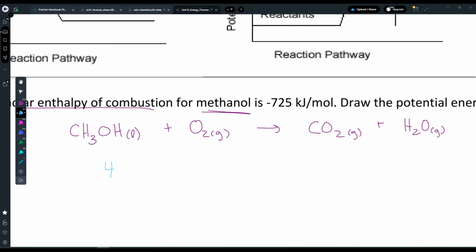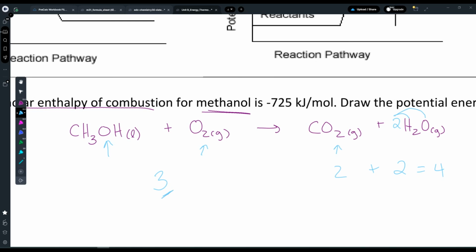So we're just asking ourselves, what times 2 is equal to 4? Well, 2 times 2 is equal to 4. Now for oxygen, we have 1 plus 2, so we have 3 oxygens on our reactant side, and we have 2 plus 2, because this 2 coefficient affects everything after it, not just the hydrogen, but also the oxygen. So we have 4 oxygens on our product side.